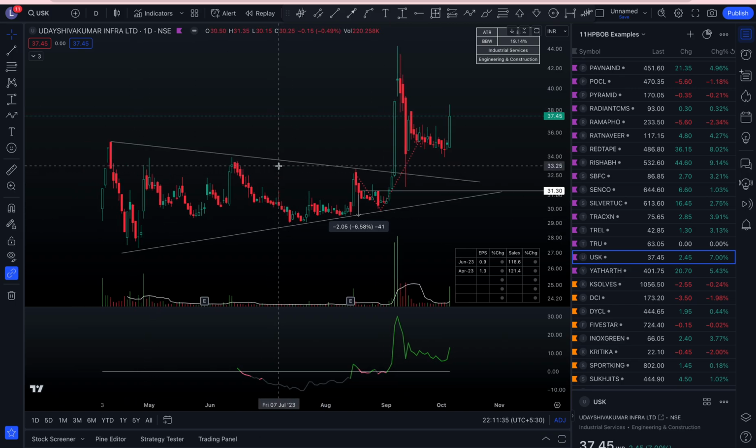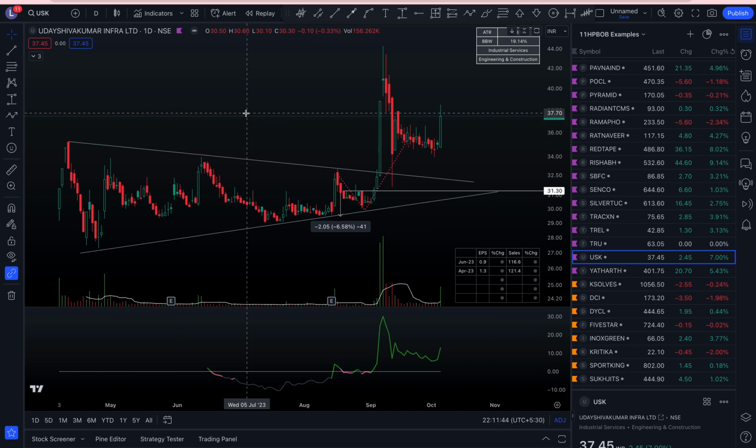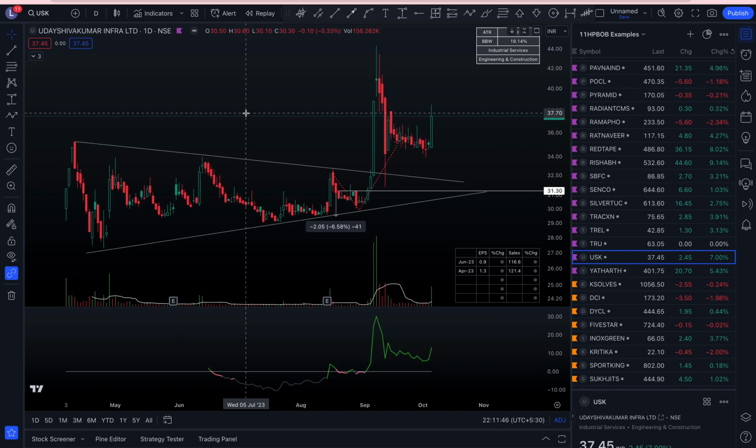Now we are never sure that this will go to 20% or 30% or 40% or 50%, but following a rule based system where you take profits, de-risk your positions, and then trail the remaining positions as long as the trend remains, is a good enough strategy which will work very well in your favor in the long run.